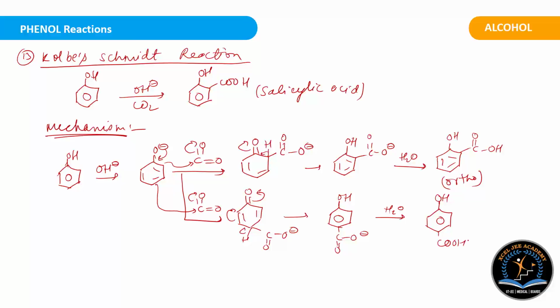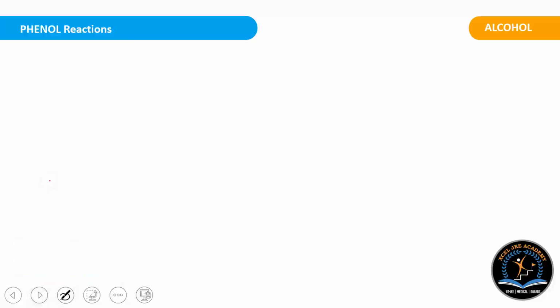Again it is a salicylic acid, but this time it is from the para position attack. This is referred to as the Kolbe-Schmidt reaction. In this case, salicylic acid has been obtained. Similarly, let's move to the next reaction, which is also a named reaction. The 14th one is referred to as Gattermann's aldehyde synthesis.